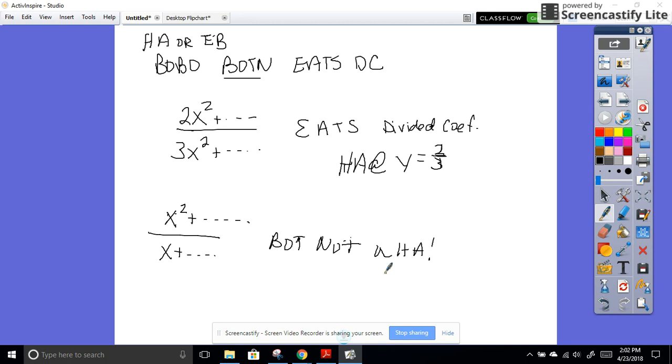This means you have some other kind of asymptote, like a slant asymptote, also called an oblique asymptote.